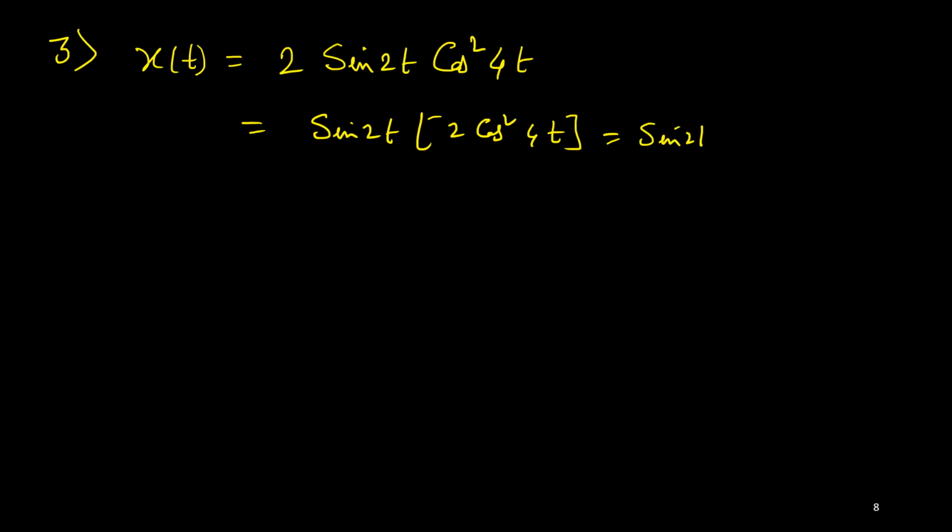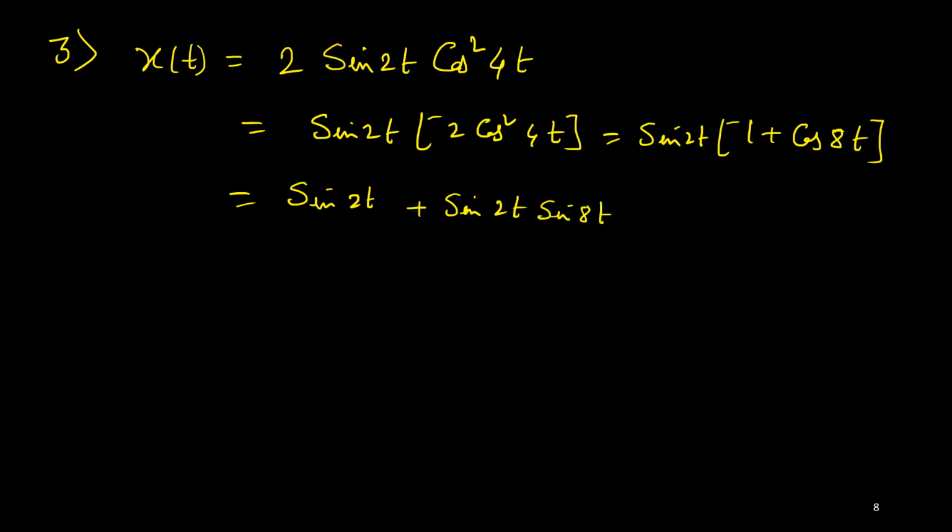So sine 2t times 2 cos square theta, which is 1 plus cos 2 theta, means cos 8t, since 2 into 4 is 8. Now I can write it as sine of 2t plus sine of 2t times cos of 8t.